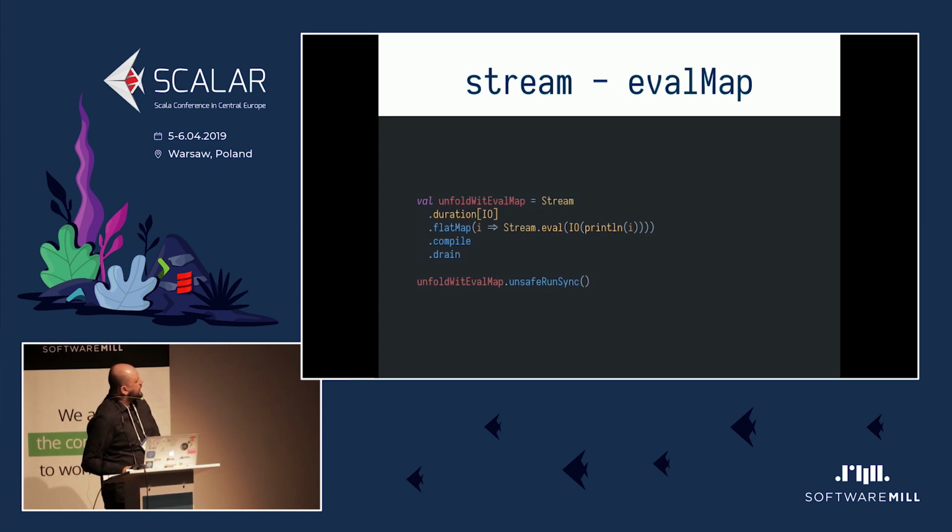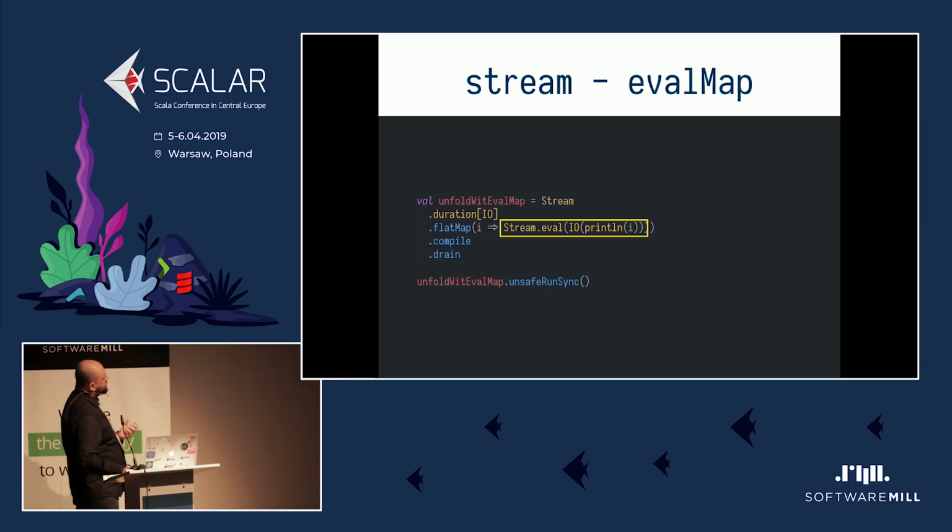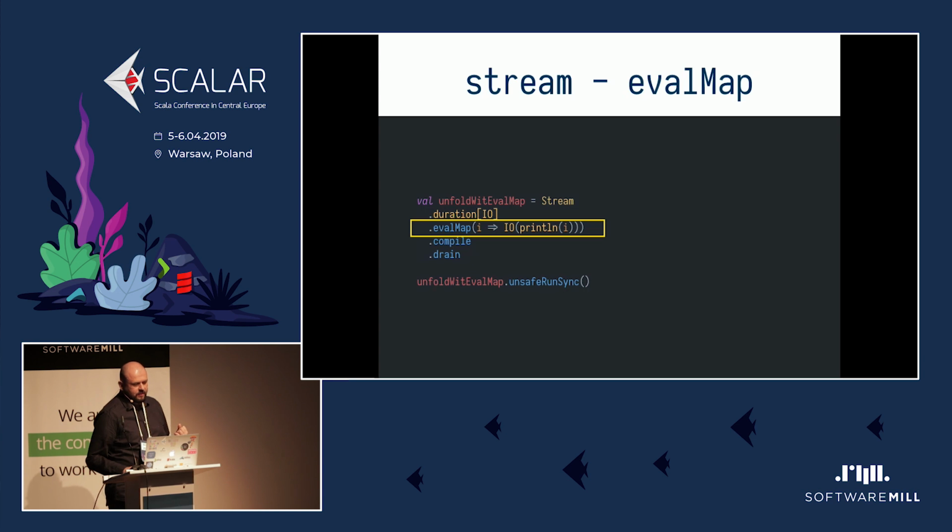So I need to do evaluation of a side effect inside the stream. How to do that is very easy, because first I need to flatMap, and then I need to produce a single-element stream that is the evaluation of that effect. That operation is so common that it has its own alias called evalMap, so we don't need to write stream.eval every time.